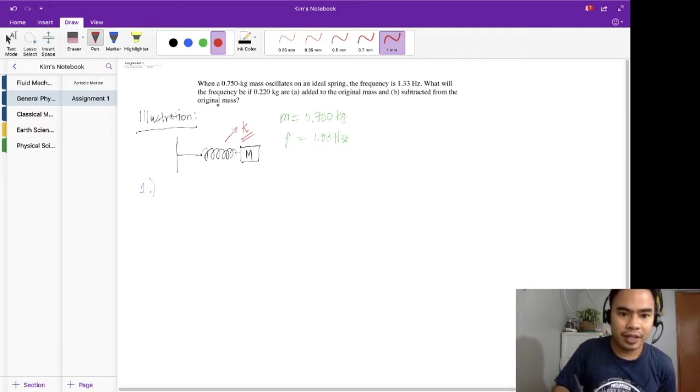When you solve for that, it would be easier if you do it like this.